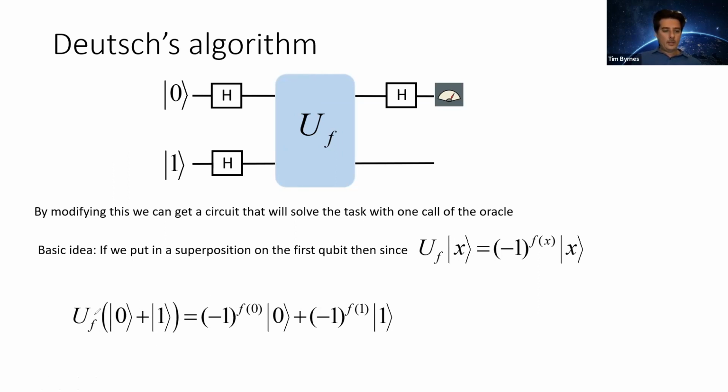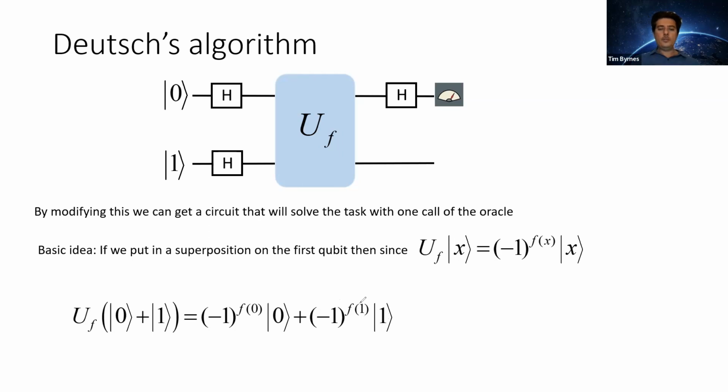But what's interesting is what these phases here do. When you input a superposition here, according to this phase kickback thing, you're going to get minus 1 to the power of f(0) on this term, and then minus 1 to the power of f(1) on this term.